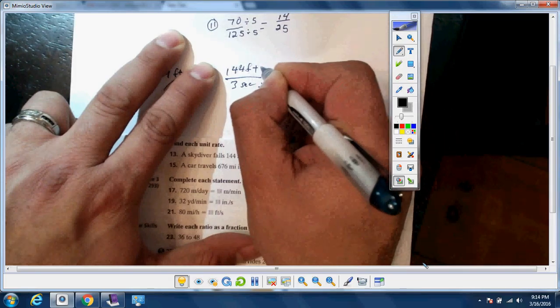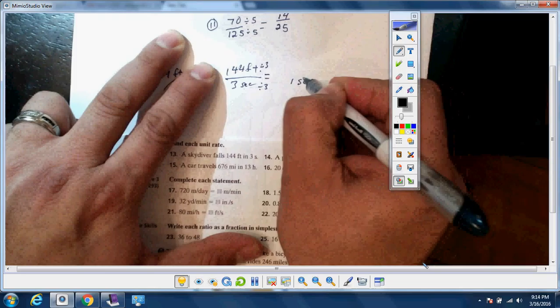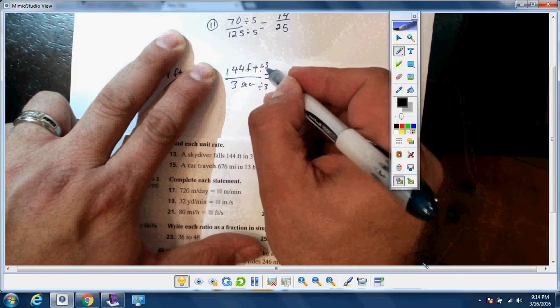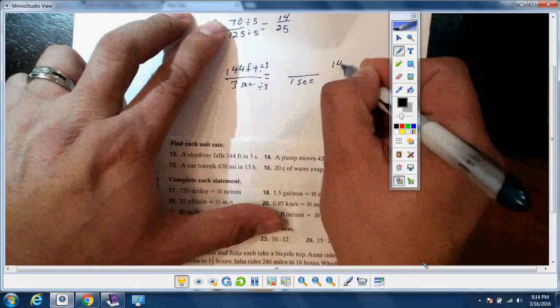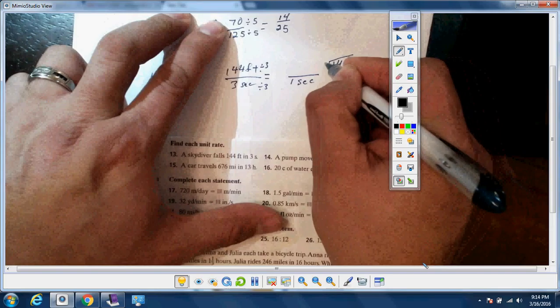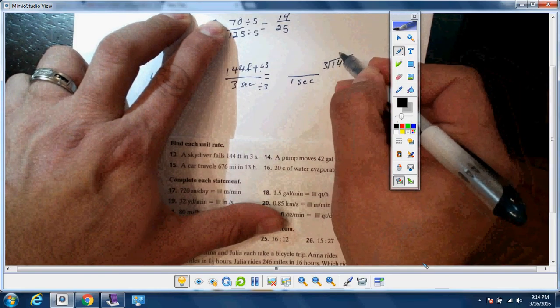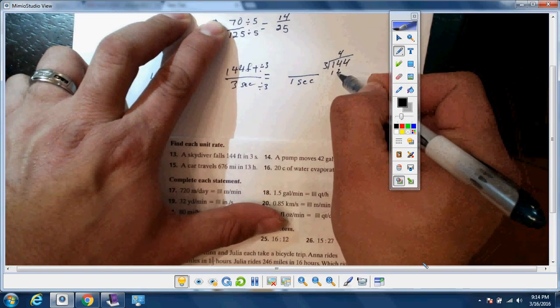So I'm going to divide the top and the bottom by 3. I divide 3 by 3, it gives me 1 on the bottom. I take 144 and divide it by 3. I show the work: my 3 goes into 14 4 times, which is 12. So 3 times 4 is 12.